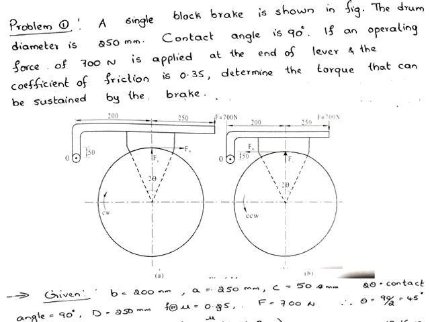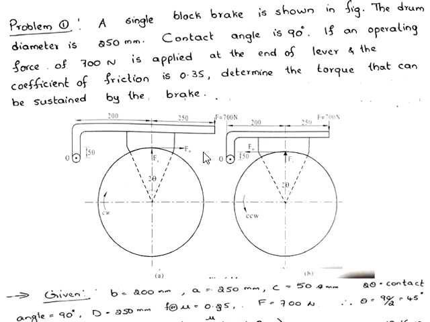First, refer this diagram and refer page number 267 in data book. In page number 267, there are 3 diagrams which indicate 3 cases of block brakes. In first diagram, Ft passes through center of fulcrum. Second case or second diagram, Ft is in between fulcrum and center of drum.